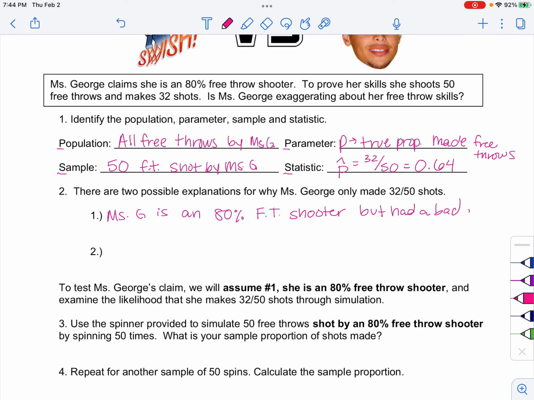So I just wasn't shooting as well on this particular day. Or option number 2, which probably is not the correct option, but you know, who knows, is that I am a liar. I mean, I guess exaggerating. I'm not lying.